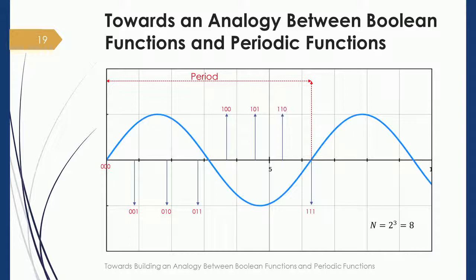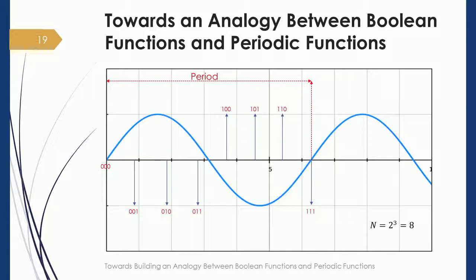So, now that we understand periodic functions and in particular discrete periodic functions, their Fourier spectrum and also the Fourier spectrum of Boolean functions, we can work our way towards an analogy between Boolean functions and periodic functions.